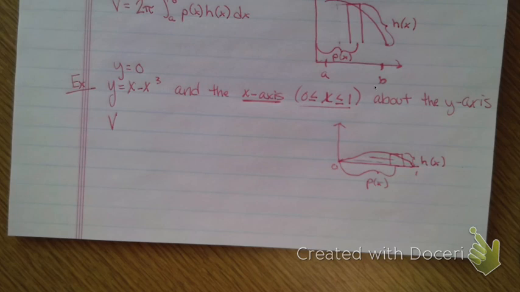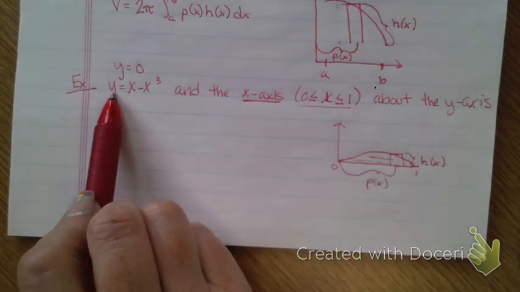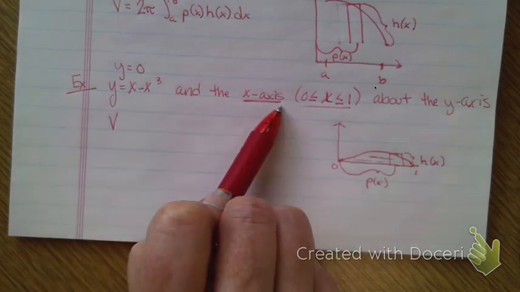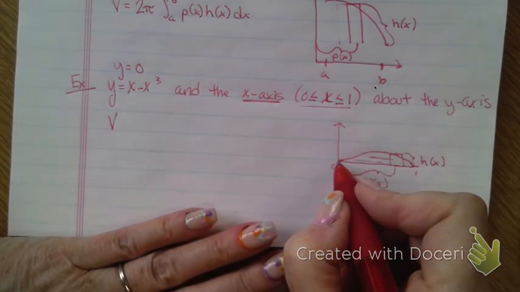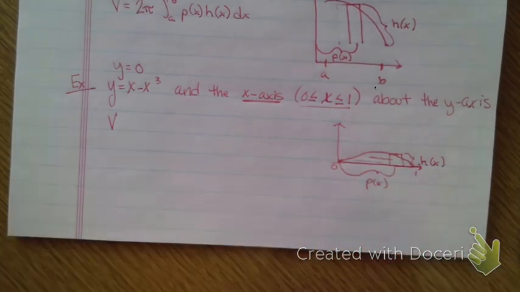Wait, why is it y equals 0? Because it says this equation y equals x minus x cubed and the x-axis. So if I were going to draw a line on the x-axis, that would be y equals 0, wouldn't it?